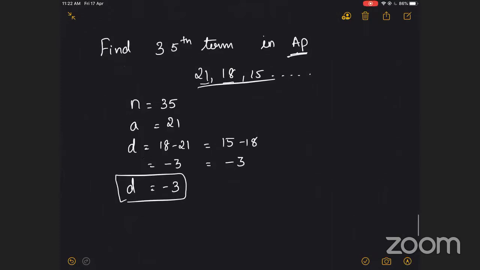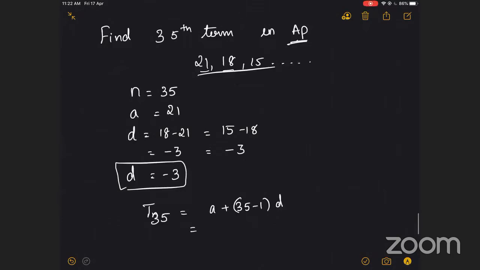So now what will be Tn? They are asking for T35. That is A plus (35 minus 1) times D. The value of A is 21, and 35 minus 1 is 34. The value of D is minus 3.